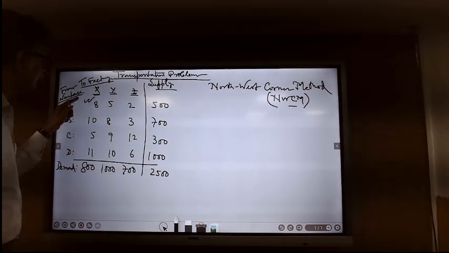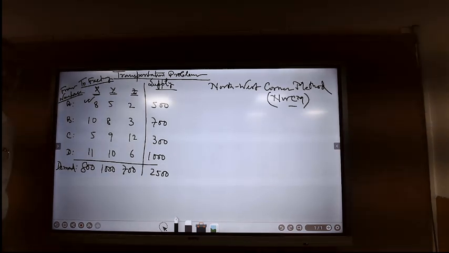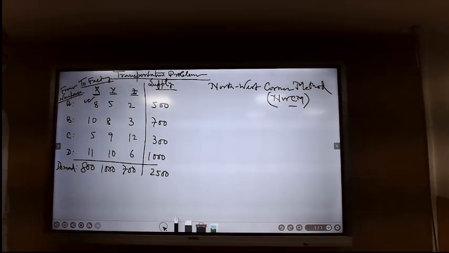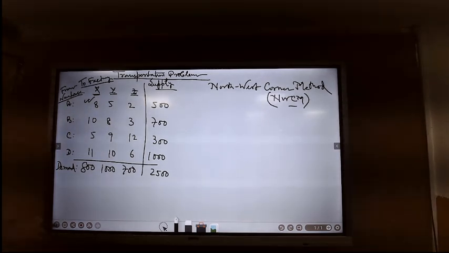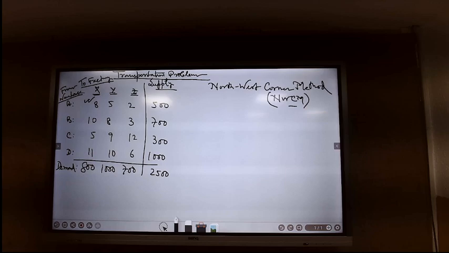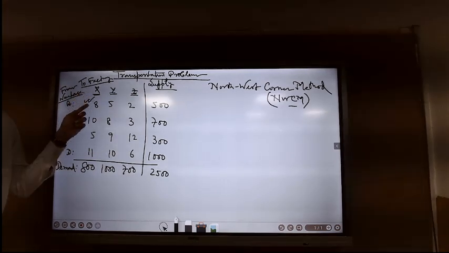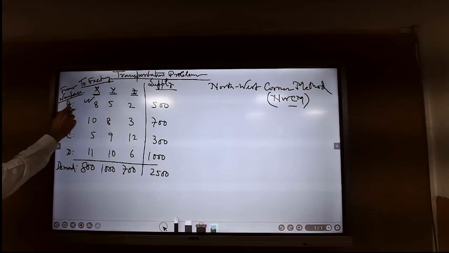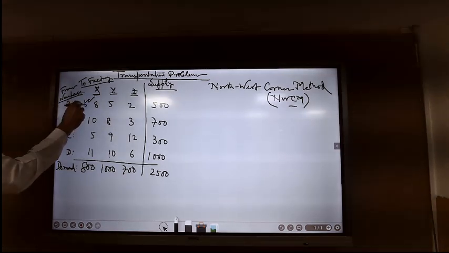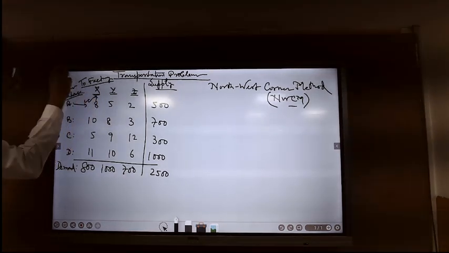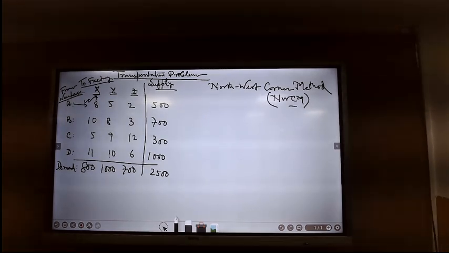Now after selecting this cell, the next question is how much to allocate. When we select this cell, that means we have already decided that the material should be dispatched from warehouse A to factory X.